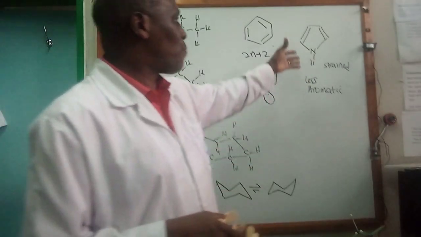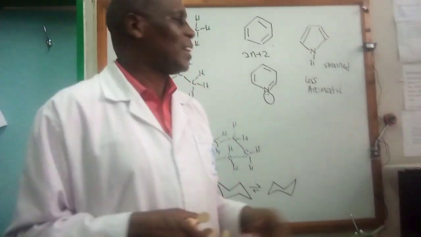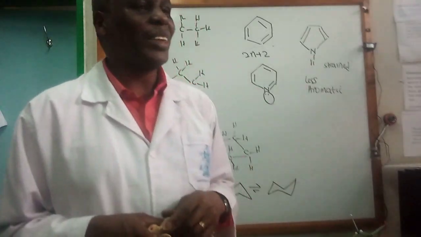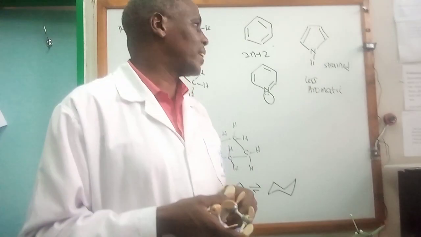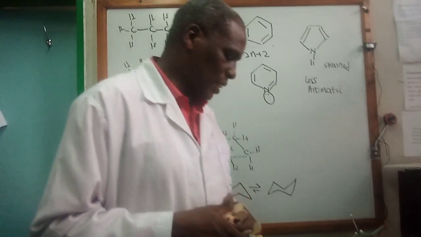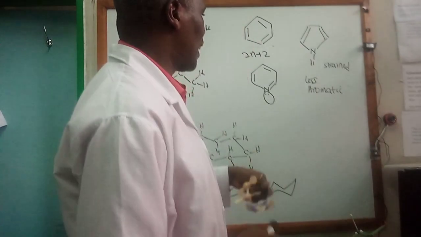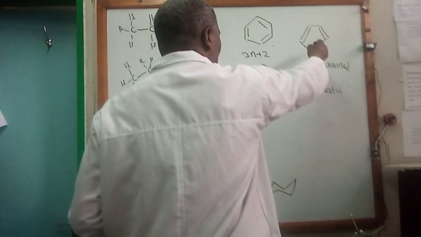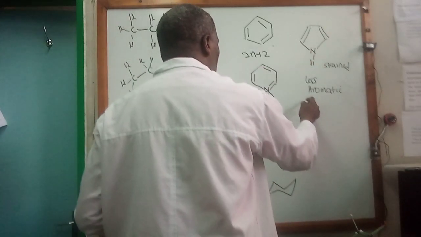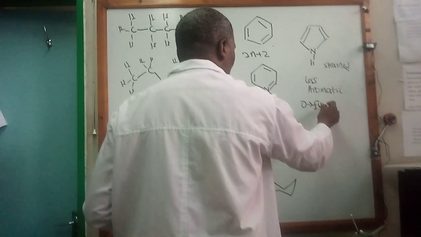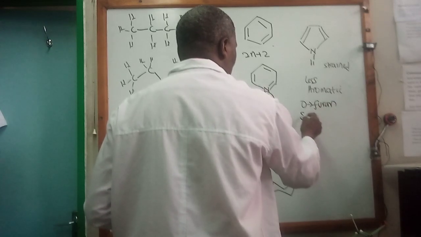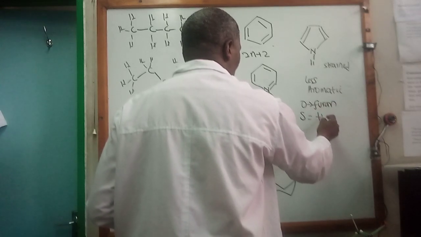So for 5-membered structures, there will be less aromatic character. In this case, you're going to see a structure which we call pyrrole, where there's the nitrogen; where there's the oxygen, we call the structure furan; and where there's the sulfur, we call it thiophene.